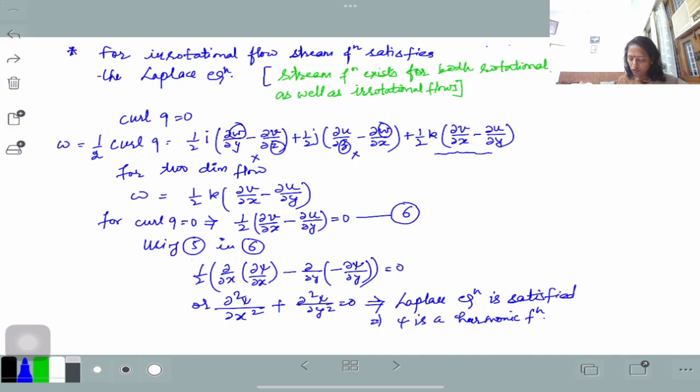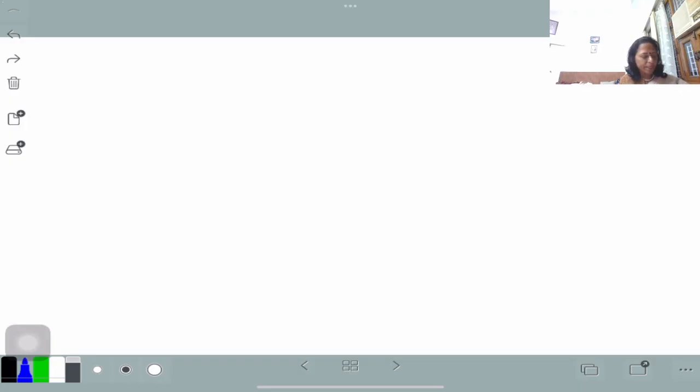If I talk about a simple example, if we are given some stream function and we are asked to define the velocity, then it is very simple. Suppose we are given psi is equal to x cube y square, and we are asked to find the velocity components.